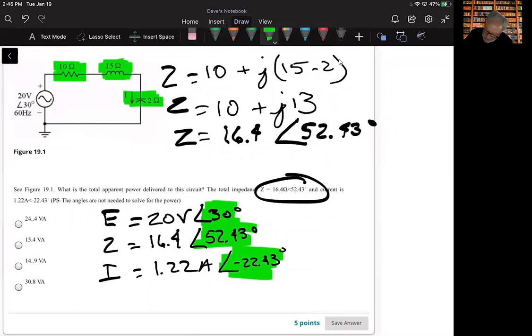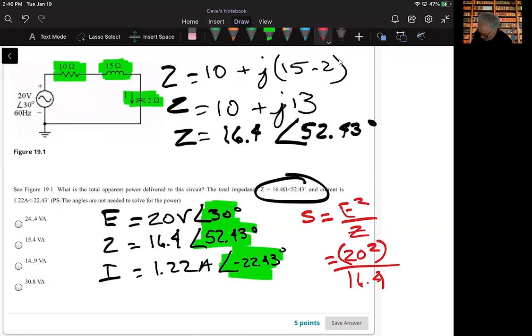And so I can do this problem two different ways. One way that I can do it, I'll do it in red, is I know the total power. What do I know? I know the voltage and I know the impedance. So it would be E squared over Z. That would be 20 squared over 16.4.